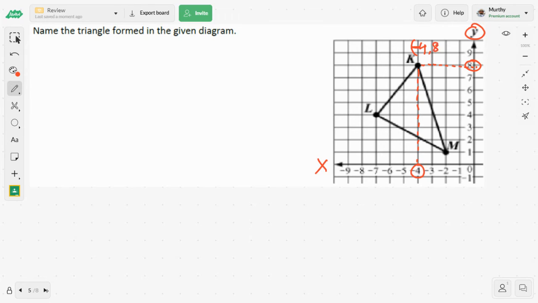So -4 comma 8. Then point L is -7, and the value of y is 4, -7 comma 4. Coming to M, x value is 2, and y value is, oh my bad, it's -2.